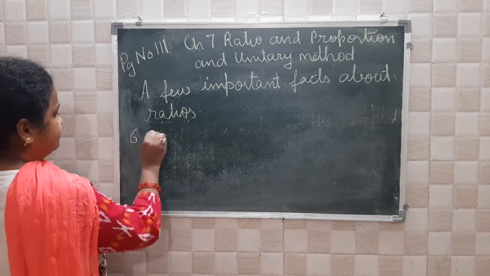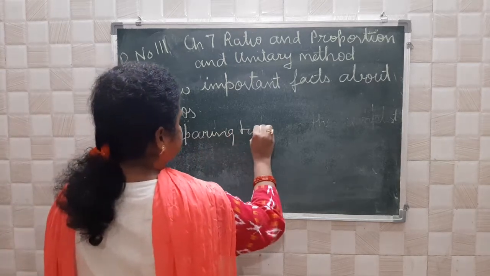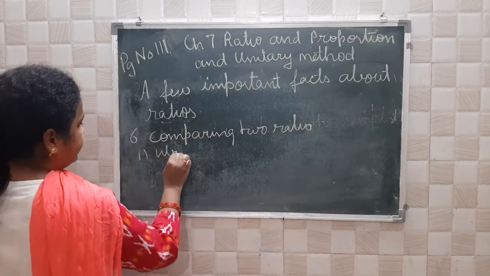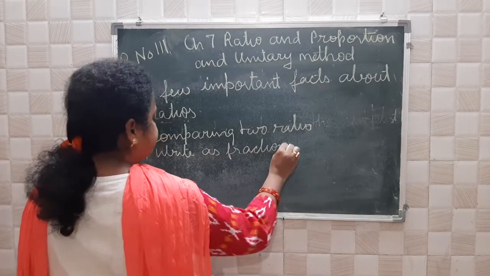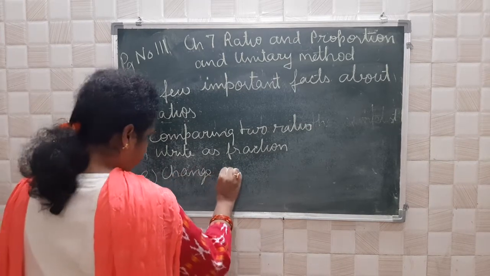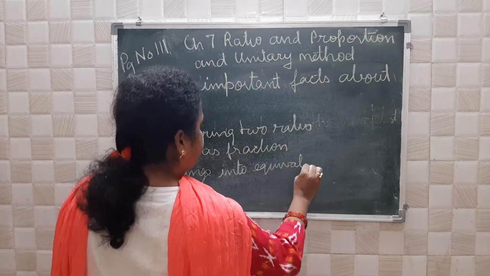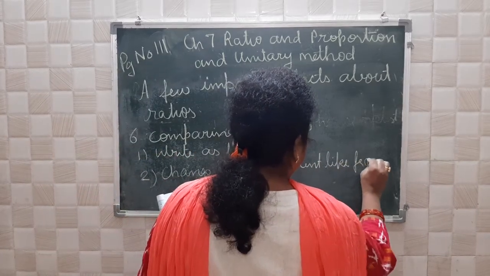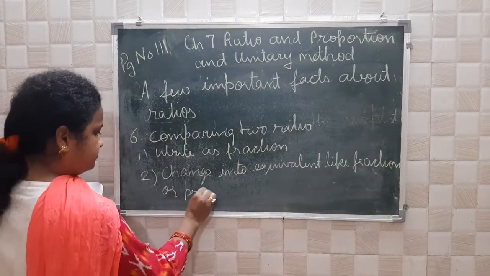Now the sixth point: comparing two ratios. First, write as fractions, and second, change into equivalent like fractions, or use the product rule.